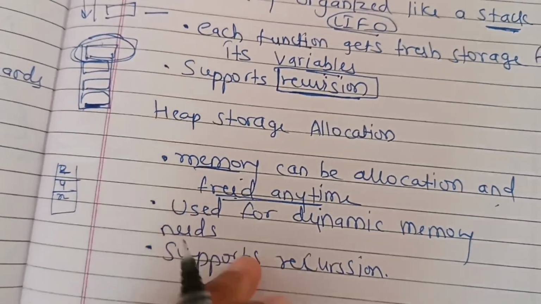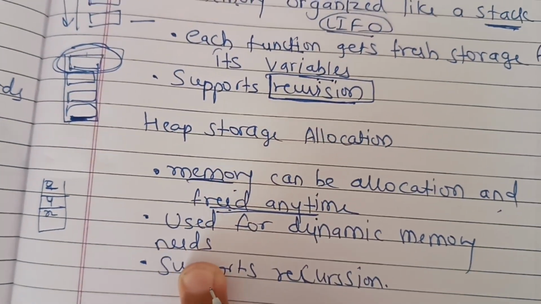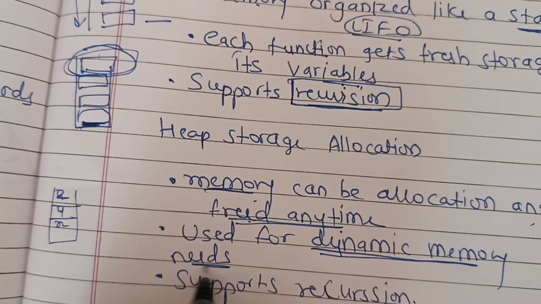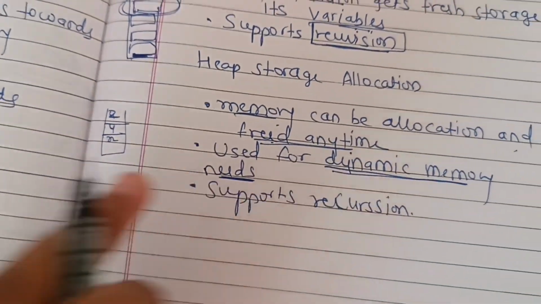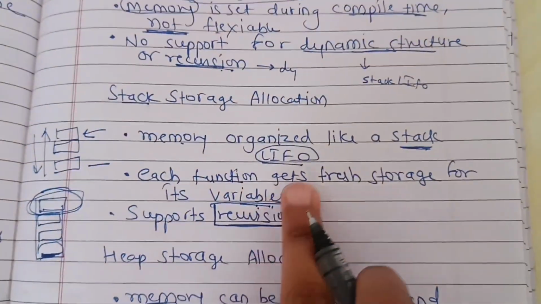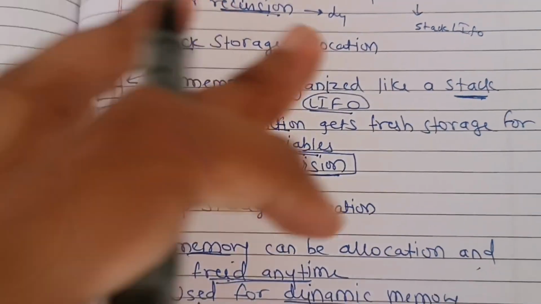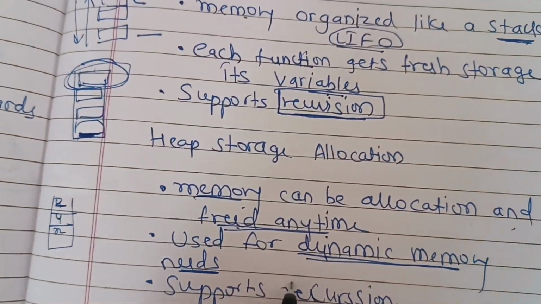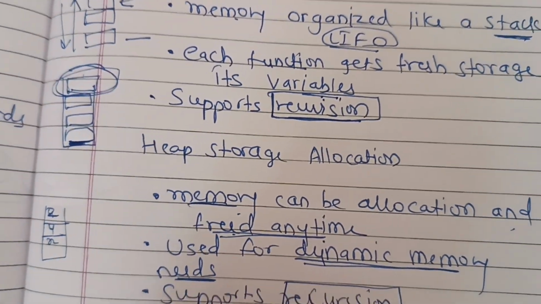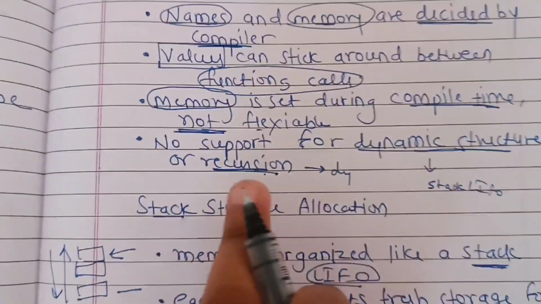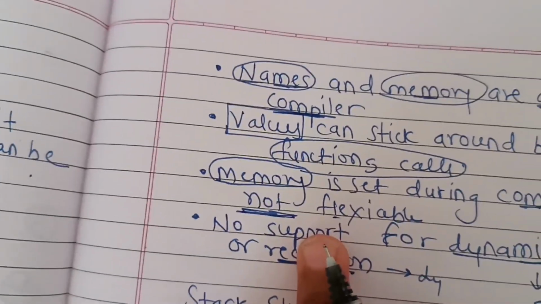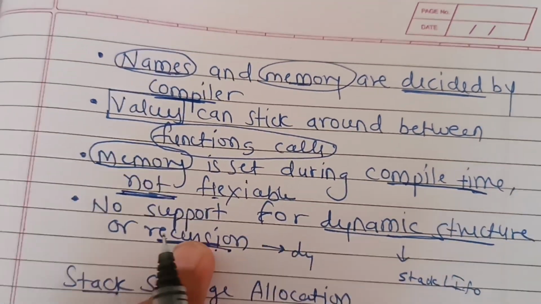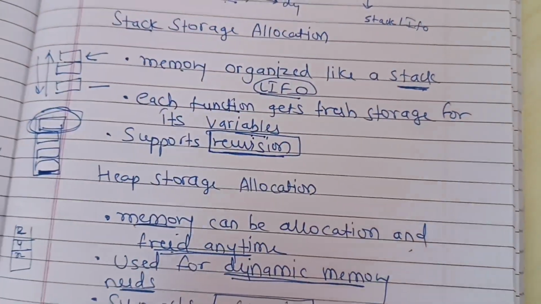It uses dynamic memory, so data structures can be stored. Anything, recursion, heap, stack, everything can be stored in heap storage allocation. It supports recursion just like stack, but in static storage allocation only recursion is not supported. That's the only difference.